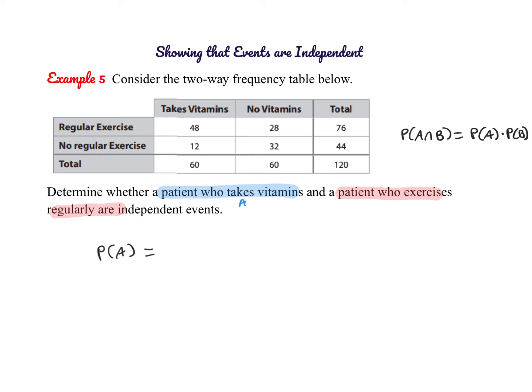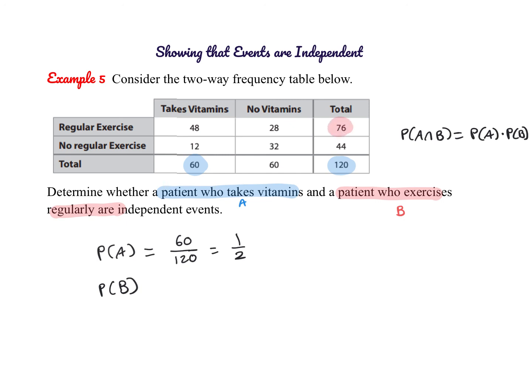So the probability of a person who takes vitamins, I can look at the total number of people, out of 120. So that's 60 out of 120, so 1/2. Now let's find the probability of a patient who exercises regularly, which we'll call event B. I can look at regular exercise.